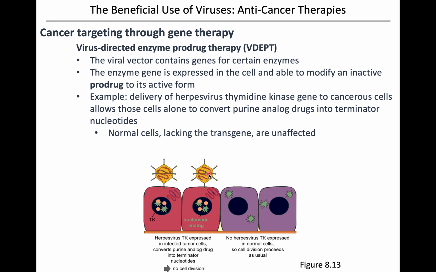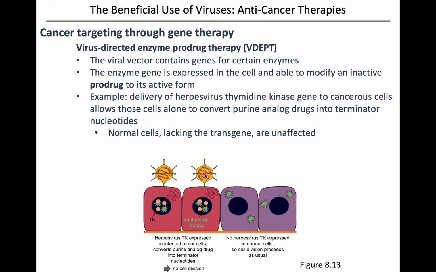Another variation on this theme is what's called virus-directed prodrug therapy, or enzyme prodrug therapy. The idea here is the virus has been engineered to have genes for certain enzymes, and you would introduce a prodrug into the cancer cells, then allow the virus to infect.